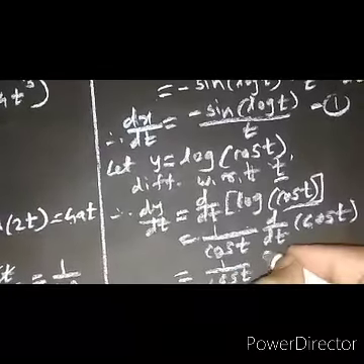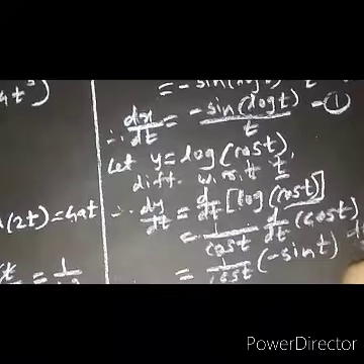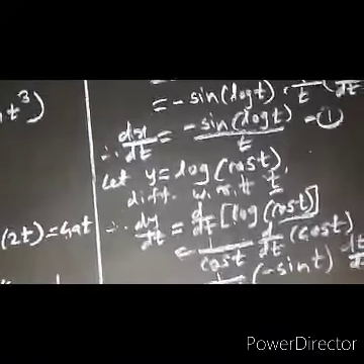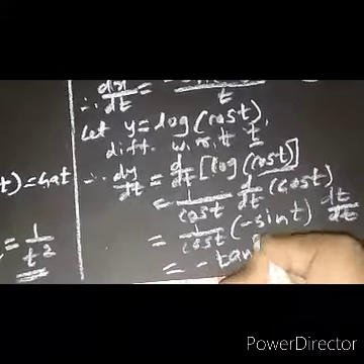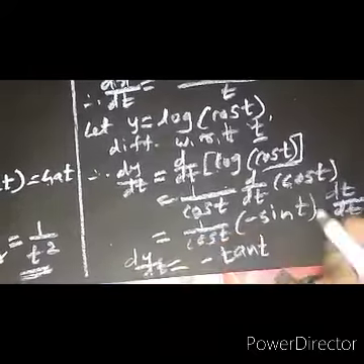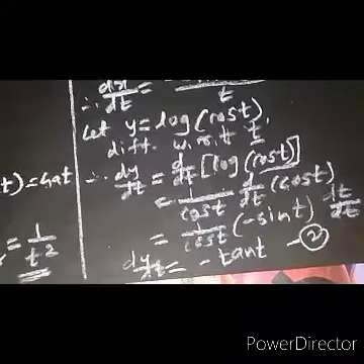So here 1 upon cos t, derivative of cos is minus sin t, and derivative of t with respect to t is 1. So here we got minus sin t upon cos t, that is minus tan t. So this is dy by dt. For this we can say equation number 2.